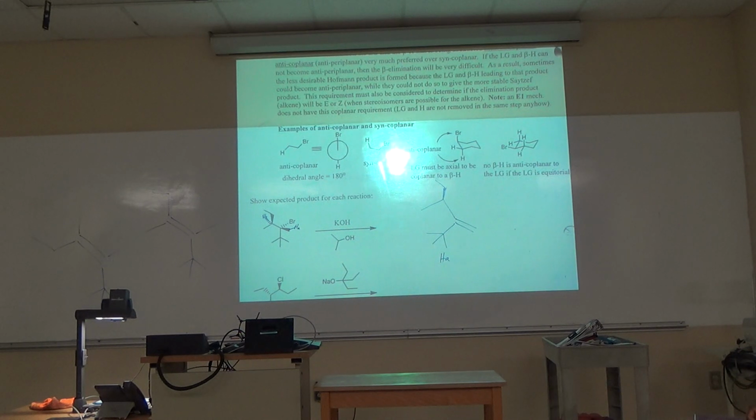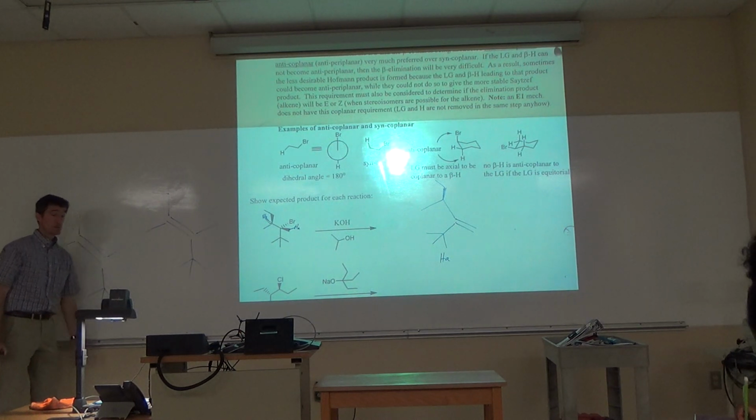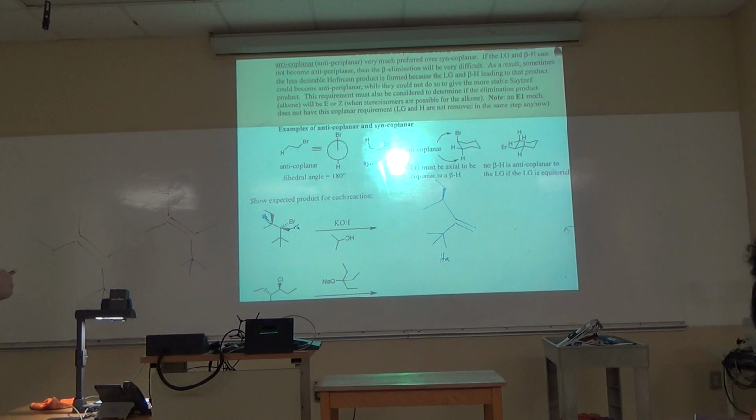This is the same alkene, it's a stereochemistry difference. Same meaning that both of these come from removing HB. But which product are we going to get? Both of these can be called Zaitsev. But you actually only get one of these. Which one do we get?